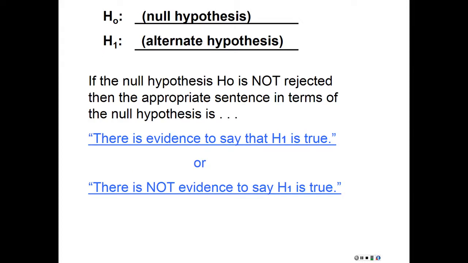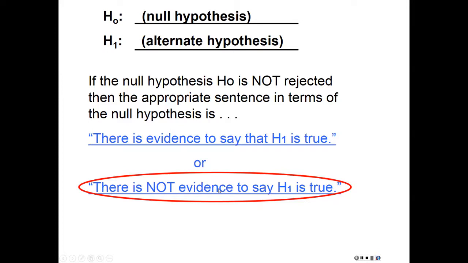If the null hypothesis H0 is not rejected, then you would say which one of these two things? There is evidence to say that H1 is true. You sure? You did not reject H0. There is not evidence to say H1 is true. Remember, you can only accept or reject one or the other. It's an either or.